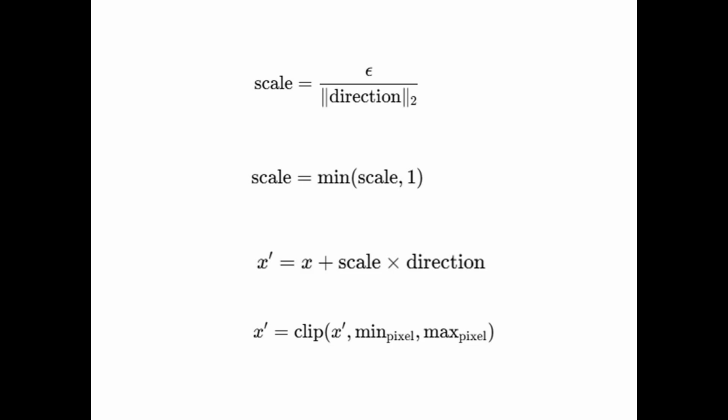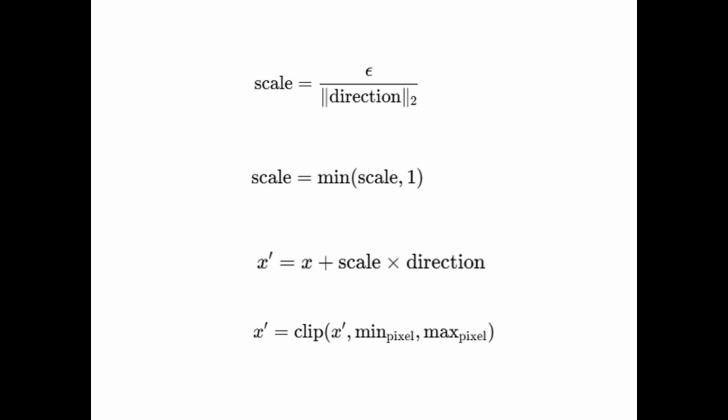If the scale factor is larger than 1, meaning the required change is too large, we need to cap the scale to 1, which is done by the formula displayed on the screen. This ensures the perturbation is bounded and doesn't exceed the maximum allowed size.